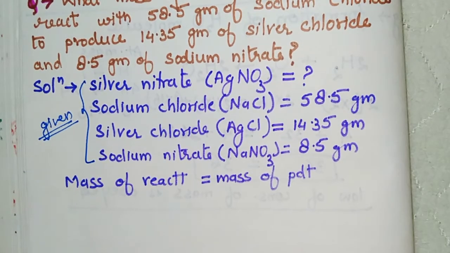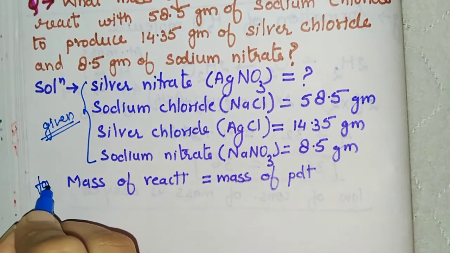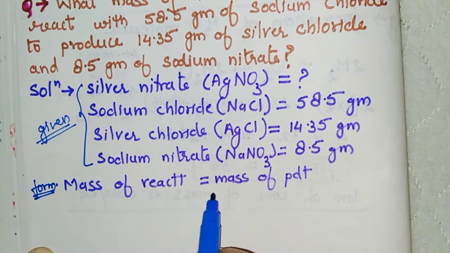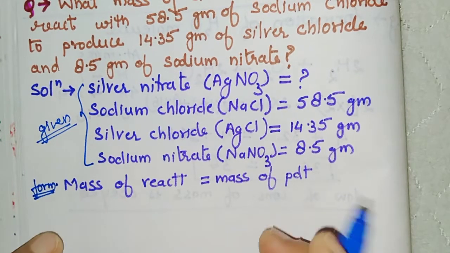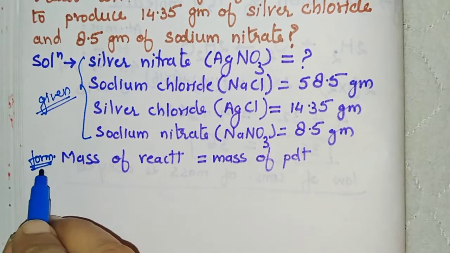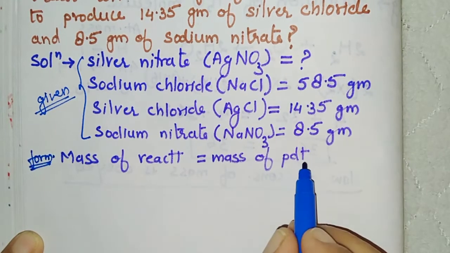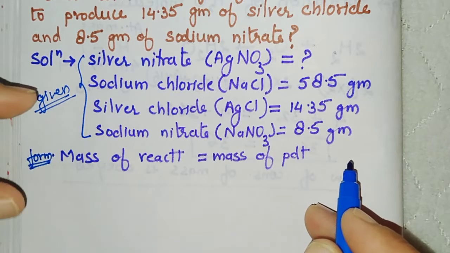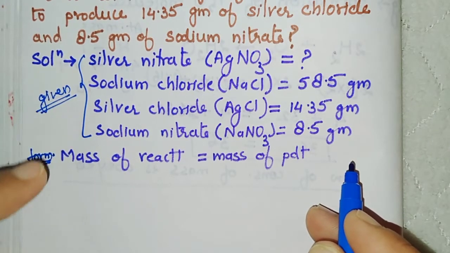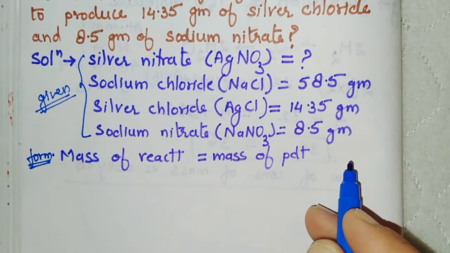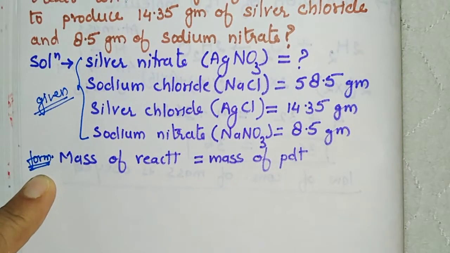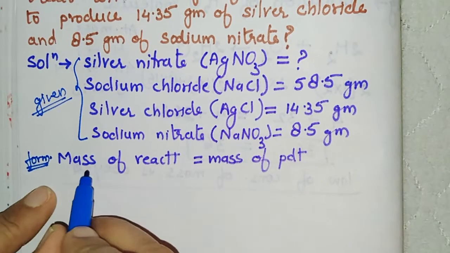This is given to us, and we all know the formula: mass of reactant is equal to mass of products. Also write the formula, because for writing the formula you always get 0.5 marks. This means if you write only the given values and the formula, you will get 1 mark. So be sure to write given values and formula always in any solution of any numerical.